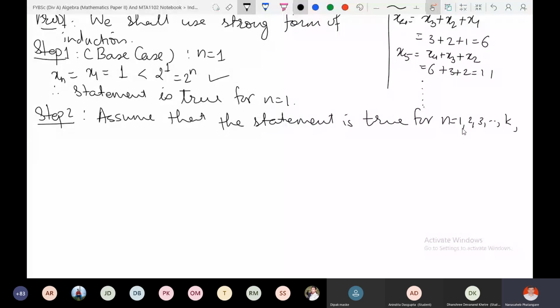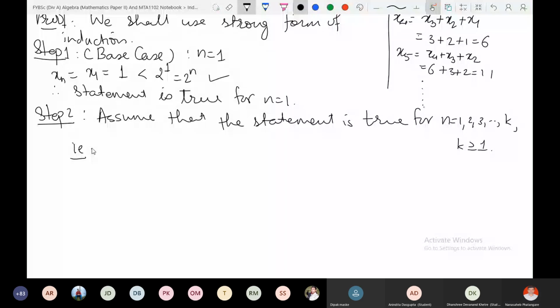We are assuming it is true for all numbers up to k. And what is k? Some k greater equal 1, whatever you can choose, k is equal to 10 or 100, doesn't matter. But at this instant we are fixing our k, and we are assuming the statement is true for all up to k. Fine.